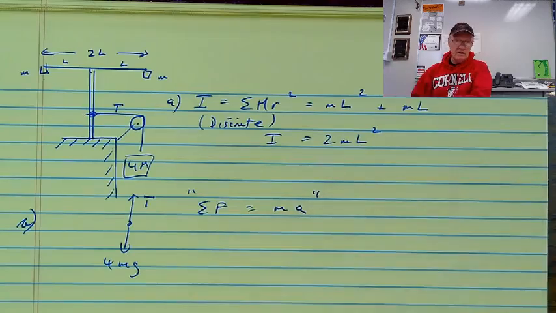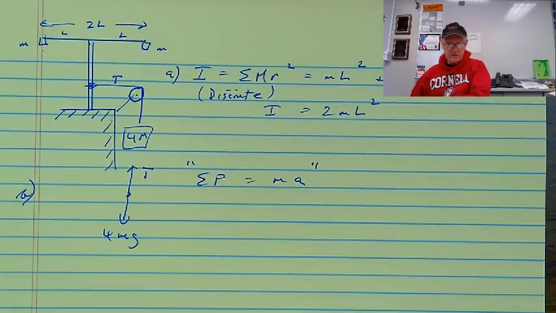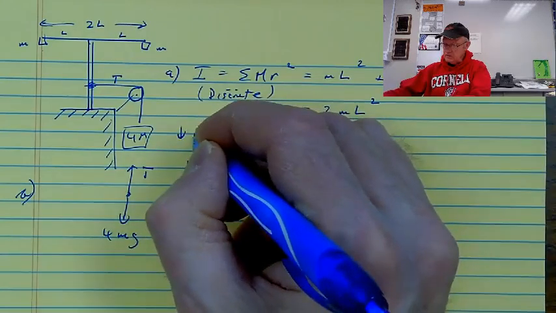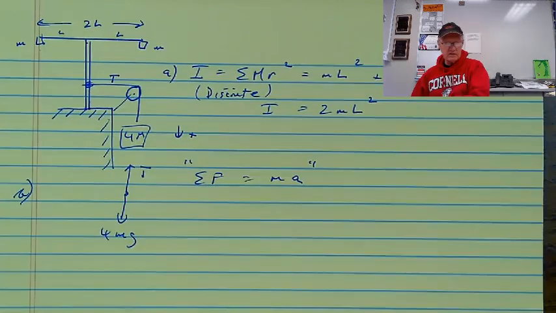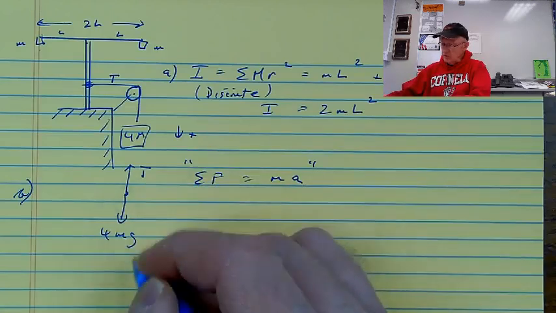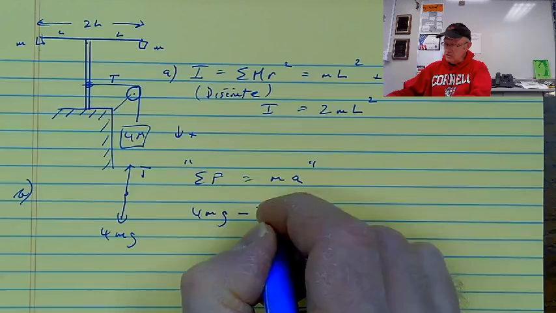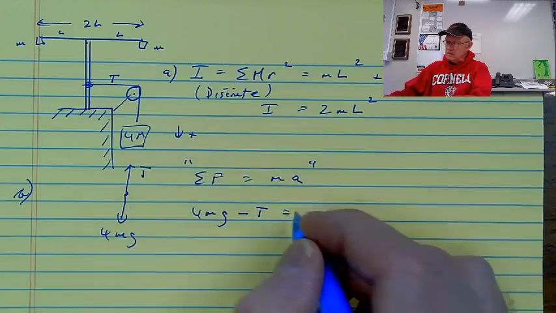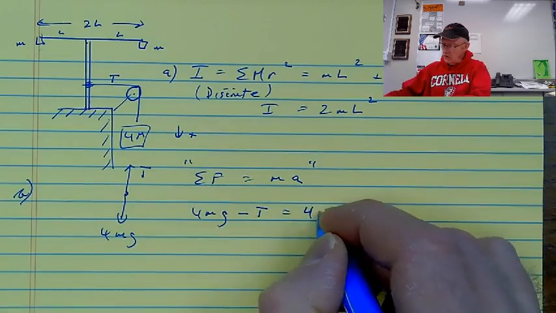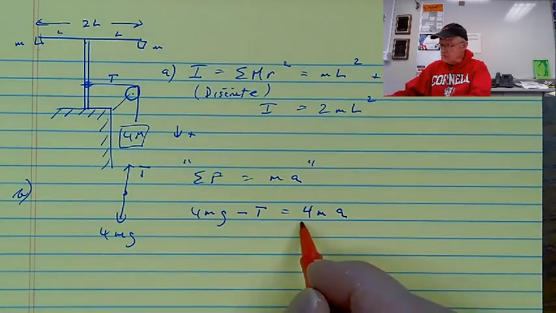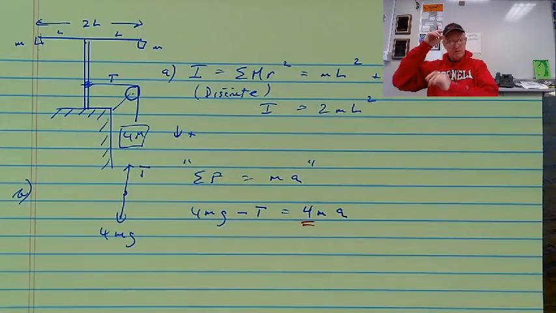So 4mg minus tension, so tension is up, is equal to 4ma. That 4 was missing on a lot of student work on this test. So that's a little gotcha, and it led to, not too damaging a downgrade, but that was a thing.